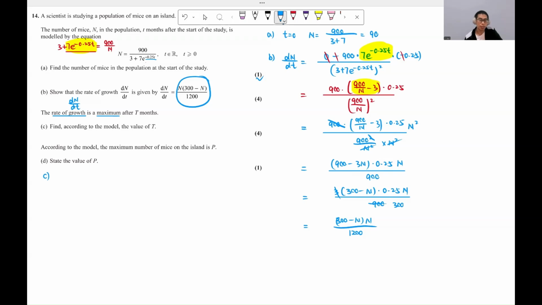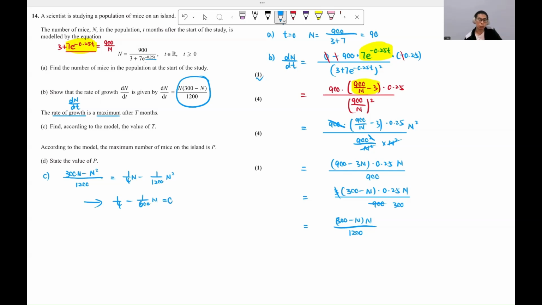So I'll rewrite it first. So that would be 300n minus n squared over 1,200, which we can write as 1 over 4n minus 1 over 1,200n squared. So if we differentiate that, then that would be 1/4 minus 1 over 600n. And if we're looking for the maximum or minimum, we need to let the derivative equal to 0.